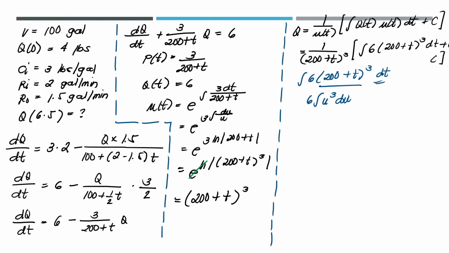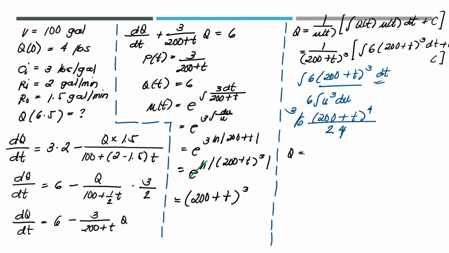Diba? And if we have this, we can just simply do chain rule, no? So, we have 6 times 200 plus t raised to 4 over 4. So, cancel. This will just give us 3. This will give us 2. No?